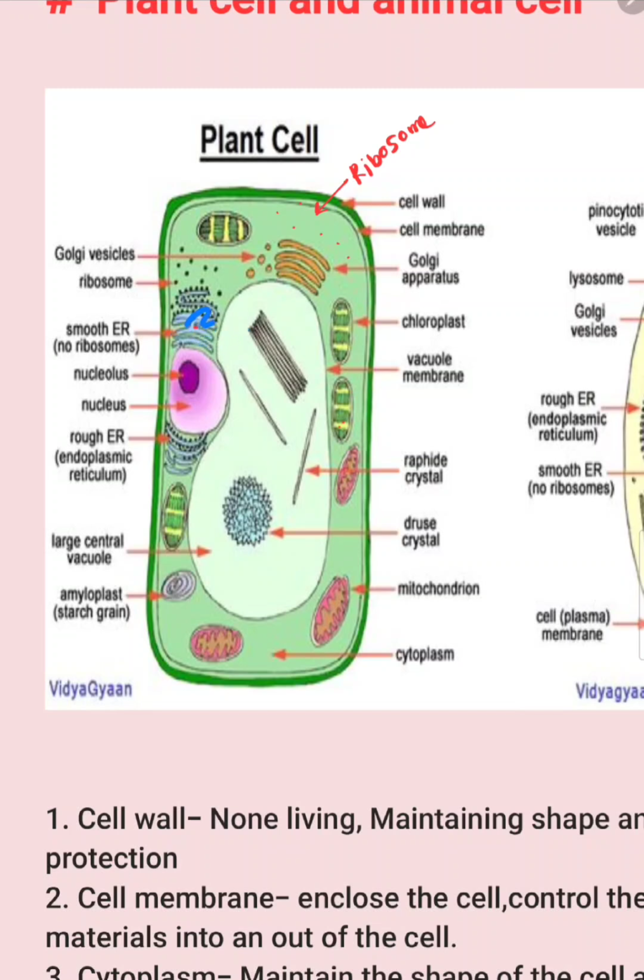The nucleus membrane is made up with the rough endoplasmic reticulum, and it also has smooth endoplasmic reticulums in the cytoplasm. And there is a Golgi vessel and chloroplast, green color chloroplast, and rod-shaped mitochondrions. And also there are large number of ribosomes present in the plant cell.